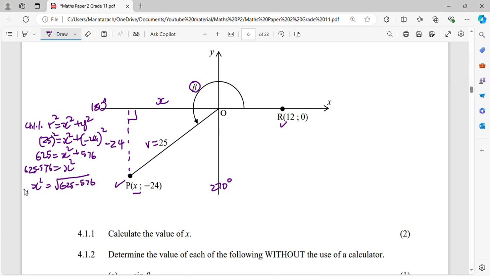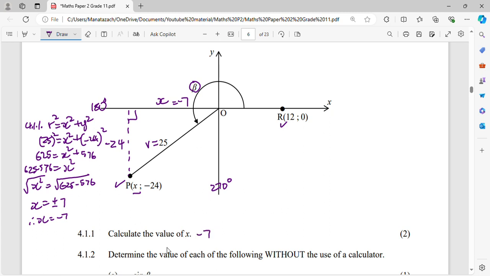Using your calculator you'll get 7, right? So your answer should be positive or negative 7. But look at the quadrant. This is the negative part of the x-axis. So you have to choose x is equal to minus 7. So definitely we'll say x is minus 7 here.